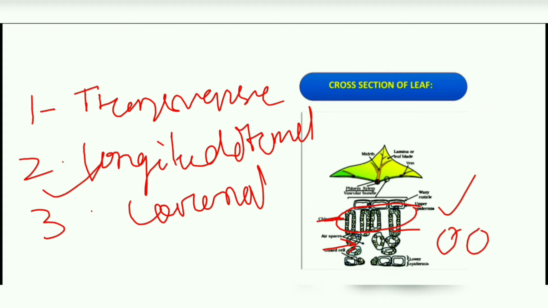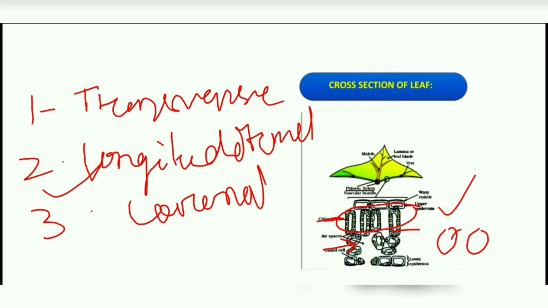One important thing to talk about is guard cells. As I said, carbon dioxide is very essential for photosynthesis. How is it acquired? It is acquired through the stomata.